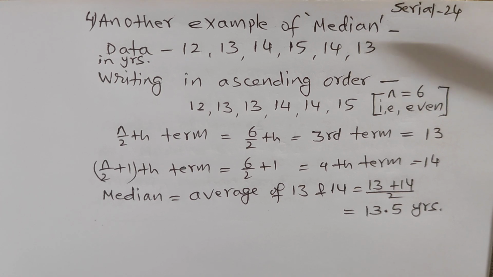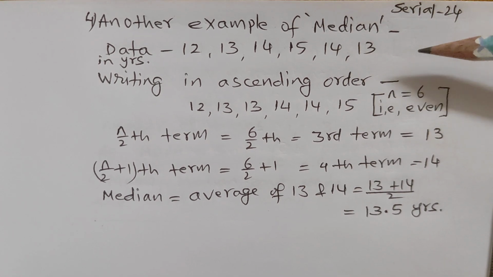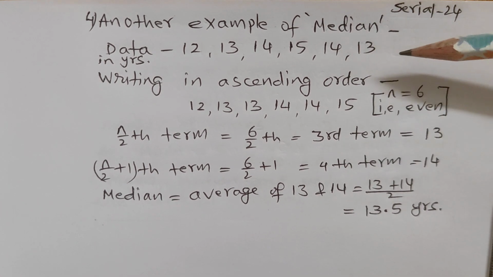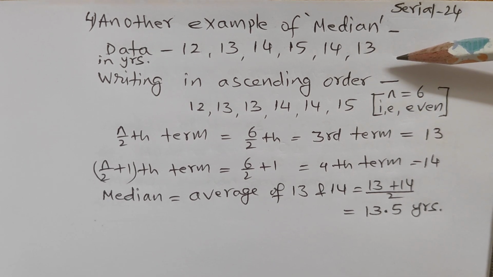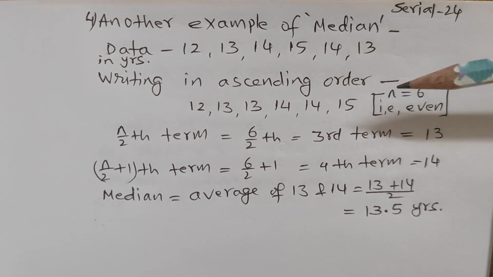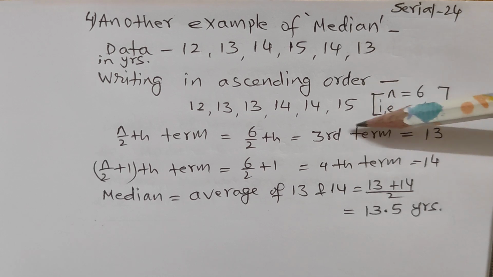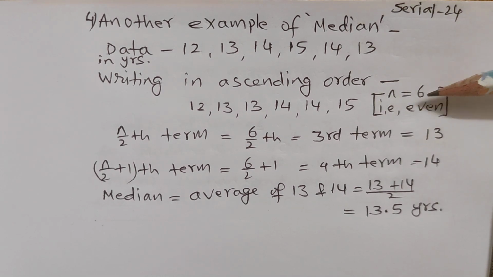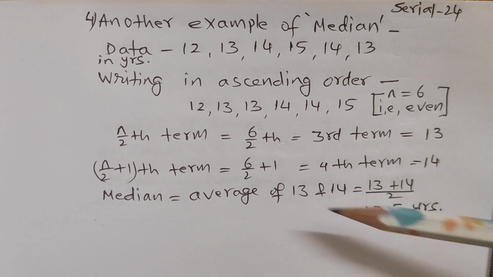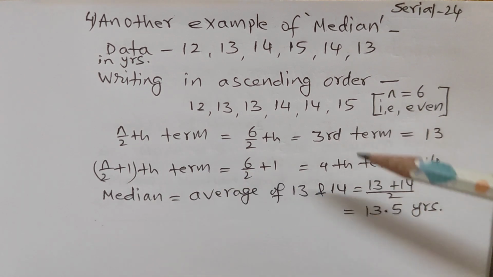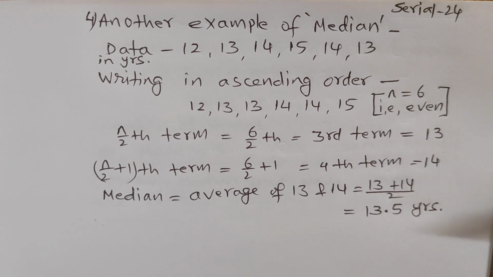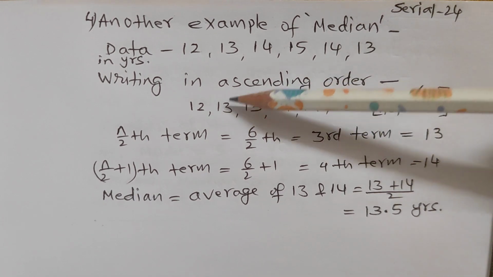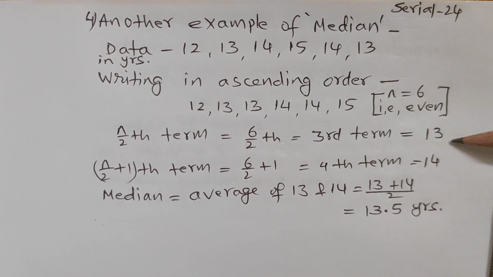We take up another example of median. Here the data is this, it has 6 terms which is even. Now we write it in ascending order. N is 6 here and it is even. So the n by 2th term is 6 by 2, that is the third term, which is 1, 2, 3, the third term is 13.